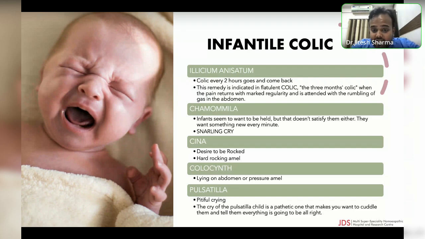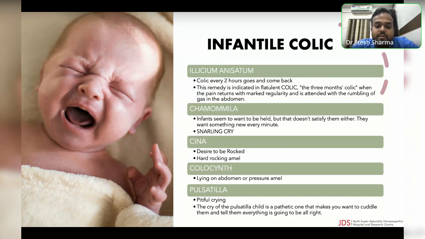And what about Cina? Cina babies love to be rocked, even hard rocking. You take them and keep on rocking them. That is Cina. In Colocynthis, when you take the baby on your shoulder and the abdomen gets pressed, they feel better. That's lying on the abdomen or pressure on the stomach. They feel better.